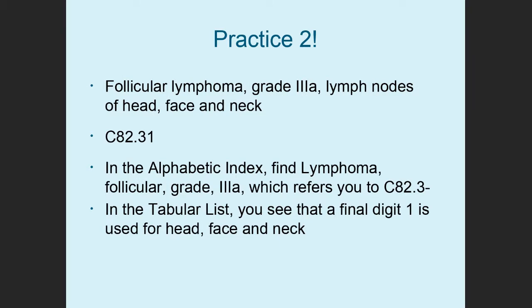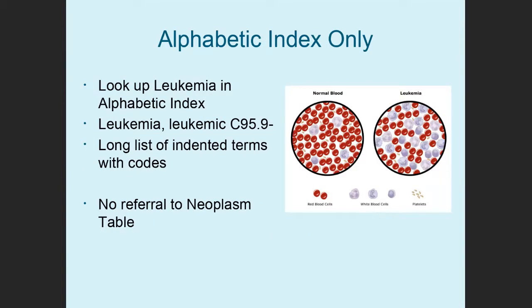So we're going to start at the alphabetic index. And you know what? You have a code there. You don't have to go to the neoplasm table at all. You do go to the tabular list to see that a final digit 1 is added to C82.31 for head, face, and neck. So alphabetic index and tabular list only.